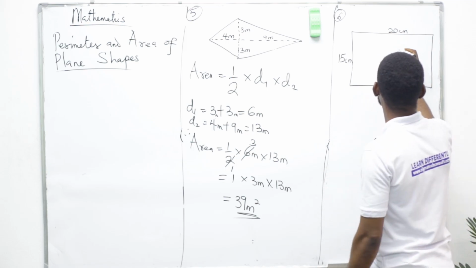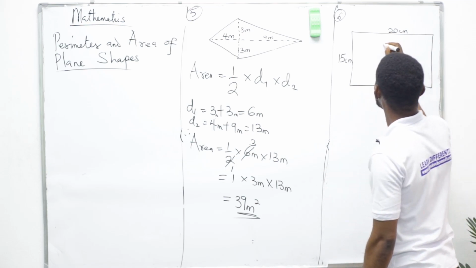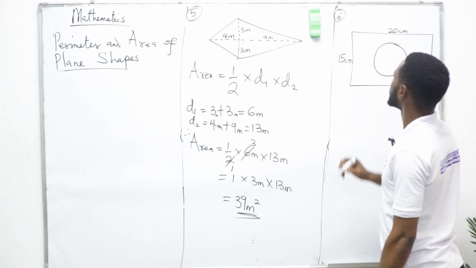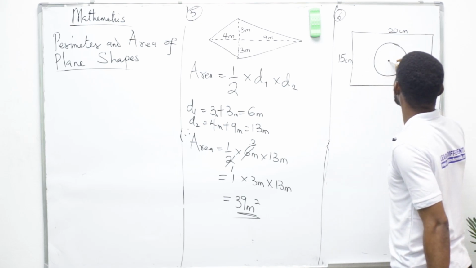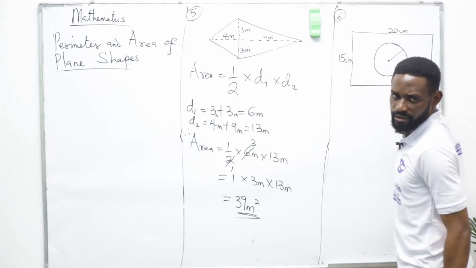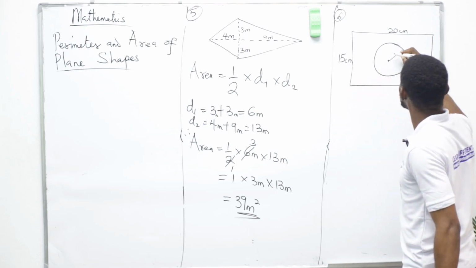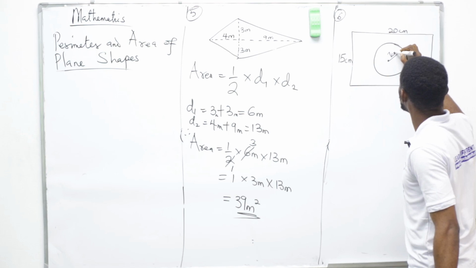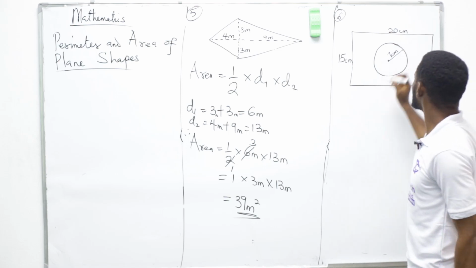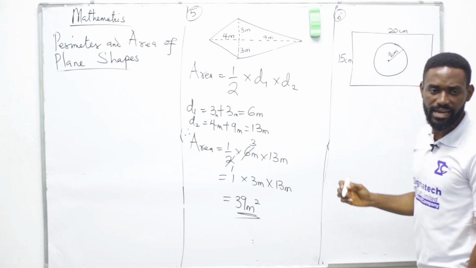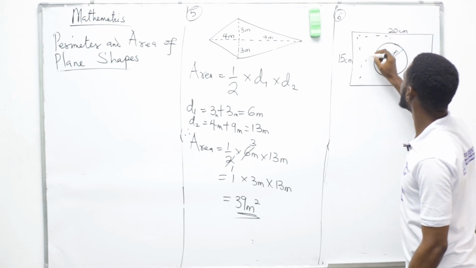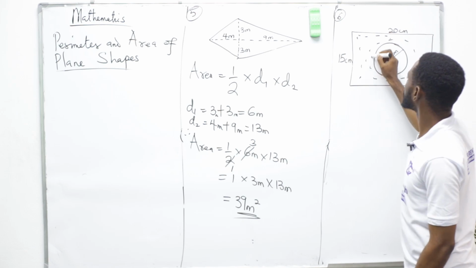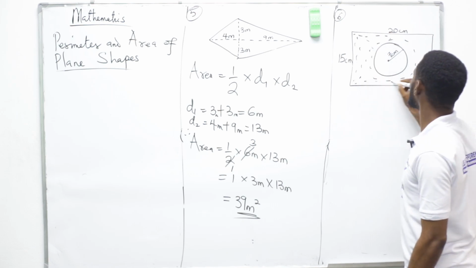Okay? Now, inside we have a part inside, and we have something here going here, and that thing is labeled 7 cm. Follow me, please. Just follow. All right? Now, everything here is shaded.